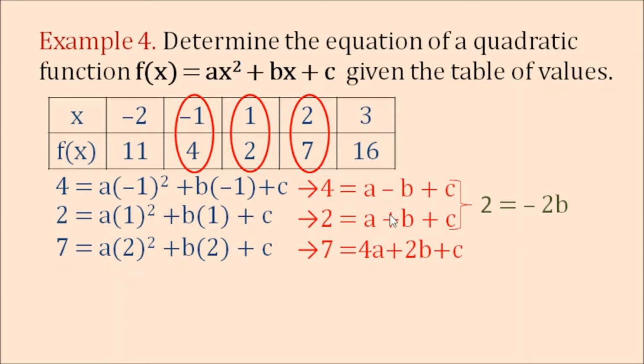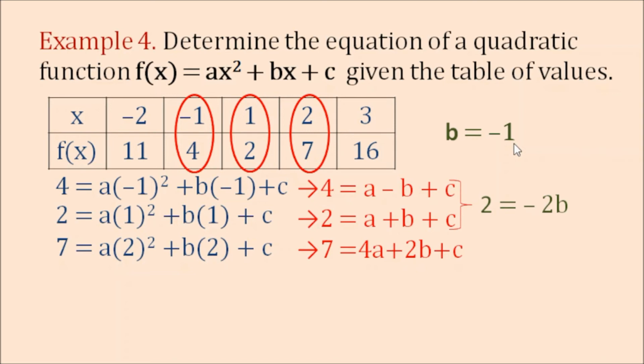Negative b minus b is negative 2b. Then c minus c equals 0. So we have 2 equals negative 2b. And dividing both sides by negative 2, b equals negative 1.